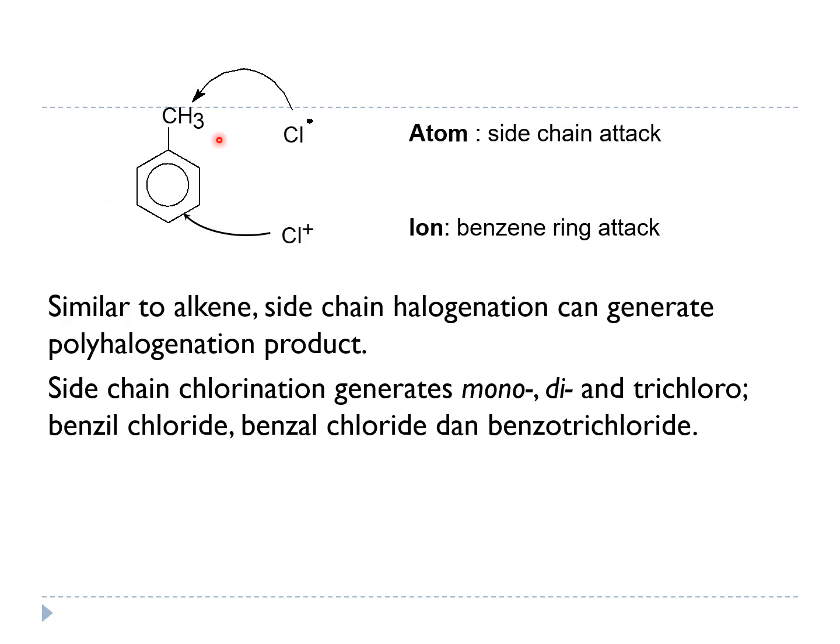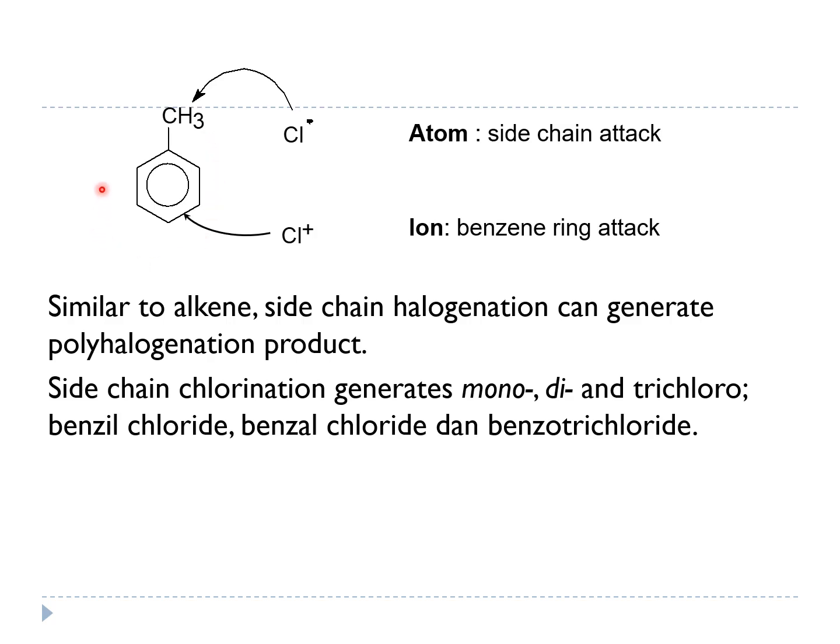The substitution in the benzene ring happens when the reaction is done with a catalyst of aluminum chloride or ferric chloride. So the reaction will be a halogenation substitution.